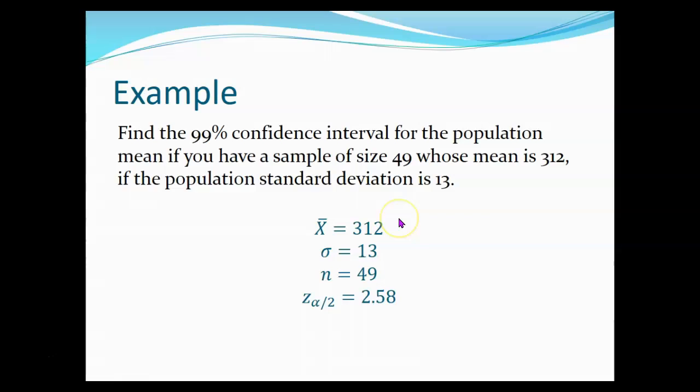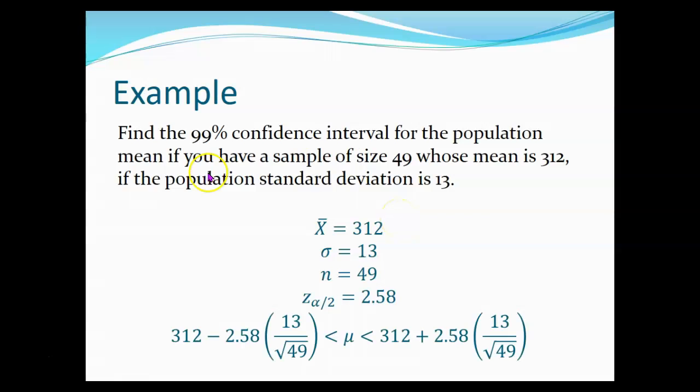So when we plug those numbers into the formula for the confidence interval, here's what it looks like: 312 minus 2.58 times 13 over the square root of 49 is less than mu, is less than 312 plus 2.58 times 13 over the square root of 49. Okay, let's put this into the calculator.